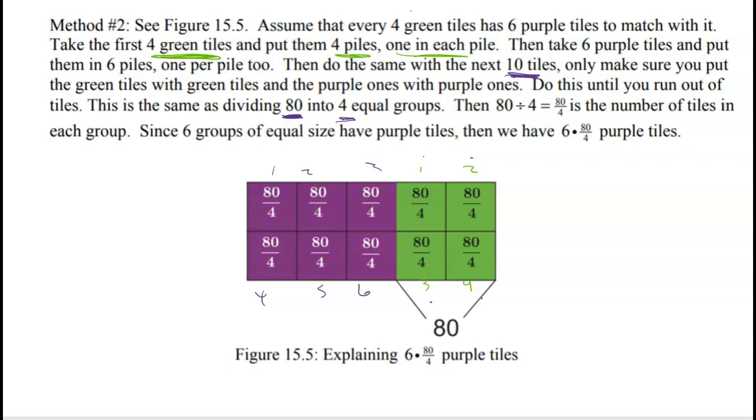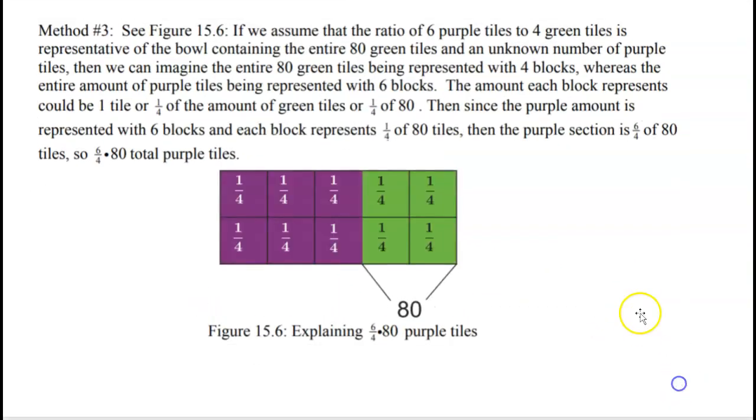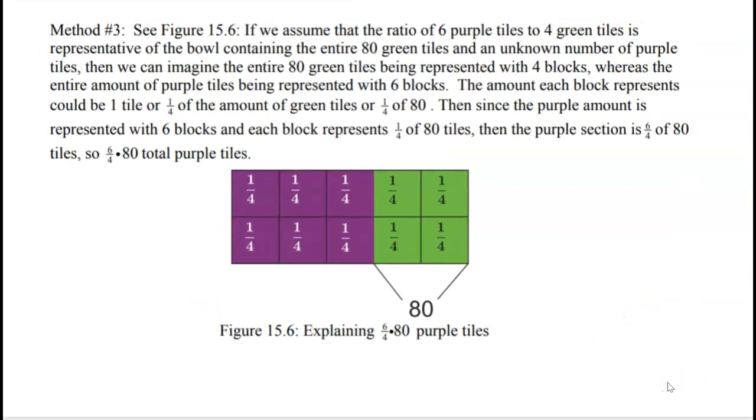And there are 6 groups of equal size that have purple tiles, so we have 6 times 80 over 4 purple tiles. One more time here. If we assume that the ratio of 6 purple to 4 green is representative of the whole bowl, and we know we have 80 green and unknown purple, then we can imagine the entire 80 green being represented with 4 blocks, because there are 4 green tiles.